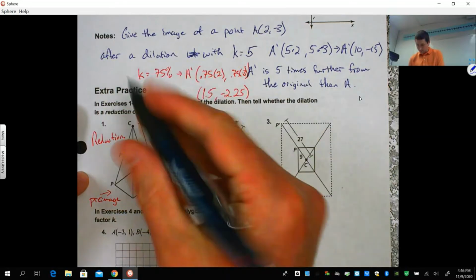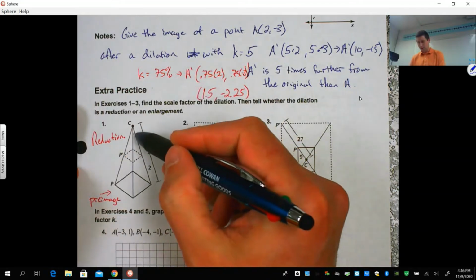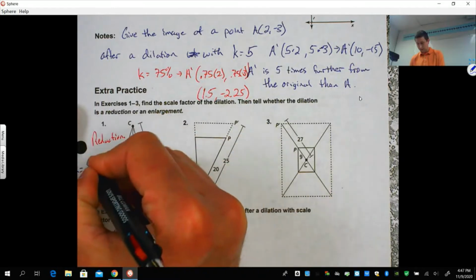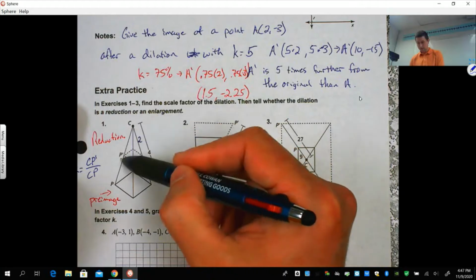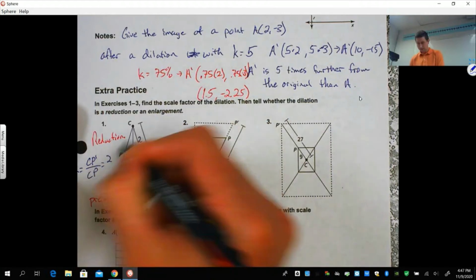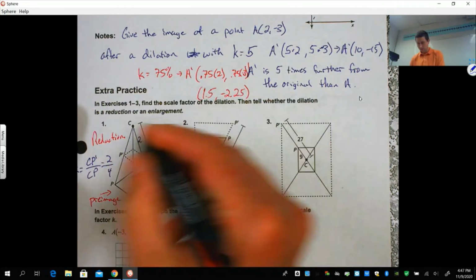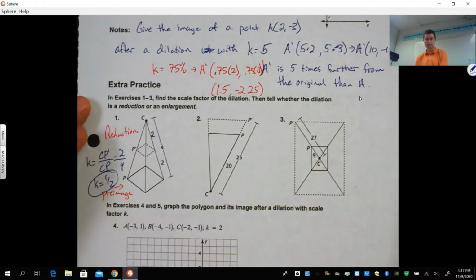So if this is 2 down here, this has to be 2 up here because the whole thing is 4. So k is going to equal CP prime over CP. CP prime is going to be 2. CP is the total length, that's going to be 4. 2 over 4, k equals 1/2. So you have a reduction, and k equals 1/2.